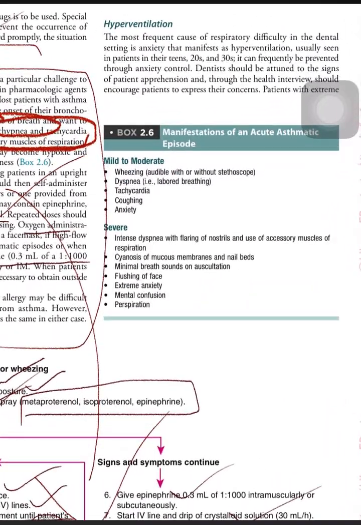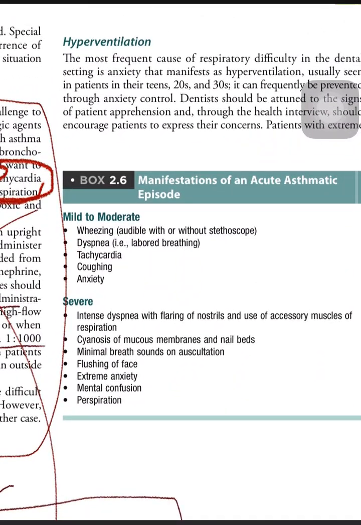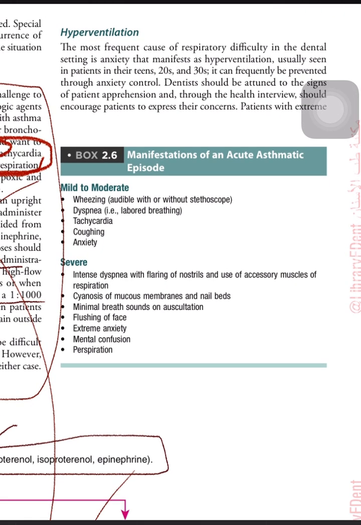The next thing we have is hyperventilation. It's part two of respiratory problems and how it happens. Just imagine a younger patient, especially in their teens or in his 20s, who may panic and start breathing too fast. So he is breathing too fast.